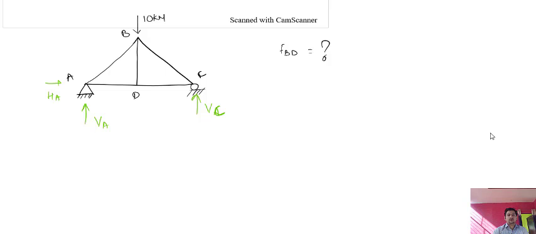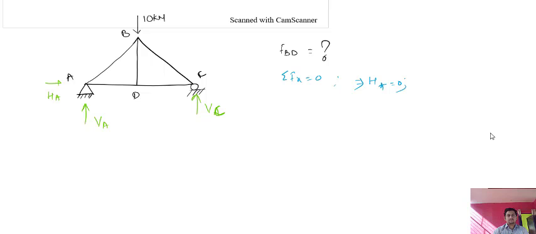Now when we have to calculate this reaction, first of all you will apply the equilibrium equations. So first, summation Fx equal to 0, and for that the HA value will be 0 because there is no horizontal force involved.